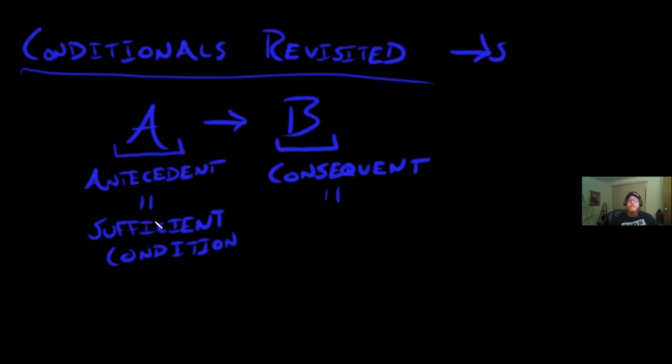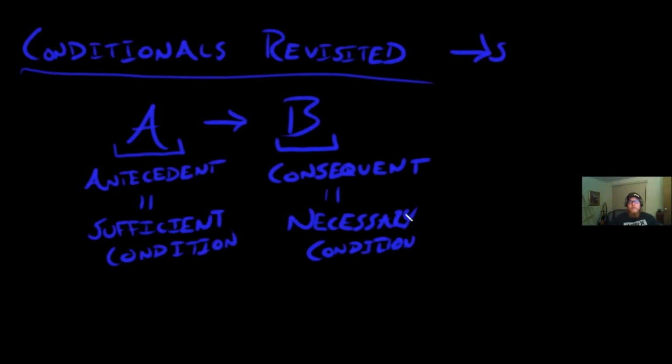So if something is a sufficient condition, that means it's the left side of the arrow. I'll look at a couple of examples in a moment. Now, another phrase for the consequent is the necessary condition. If something's on the right side of the arrow, it must follow, if a conditional statement is true.